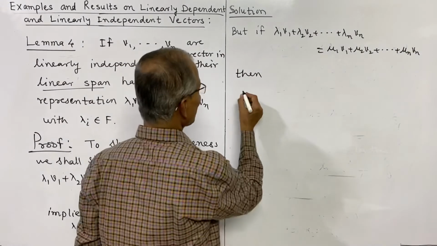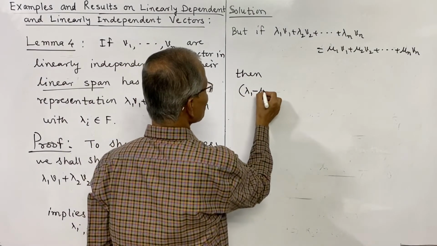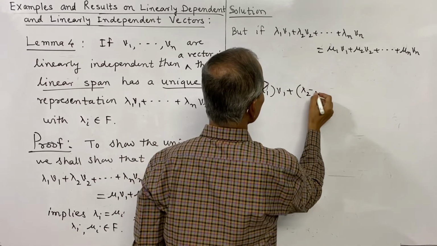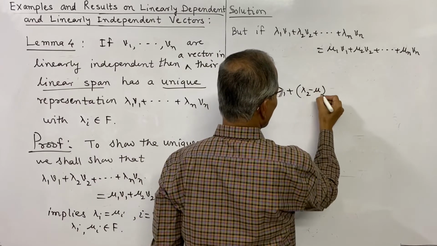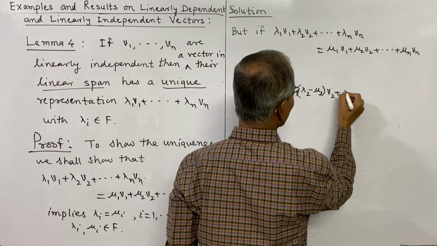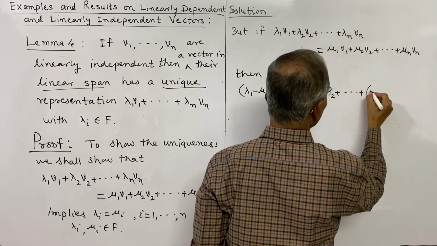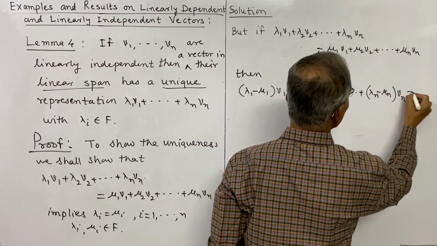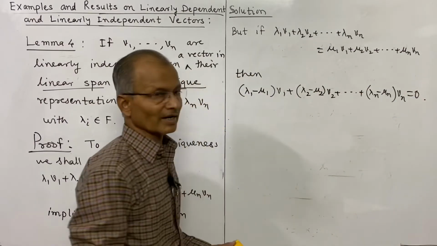So this will imply lambda 1 minus mu1 into V1 plus lambda 2 minus mu2 into V2 plus so on, lambda n minus mu n into Vn, and this is equal to 0.